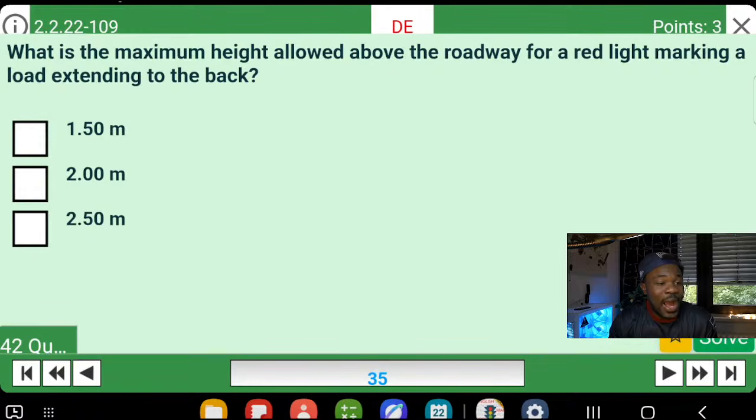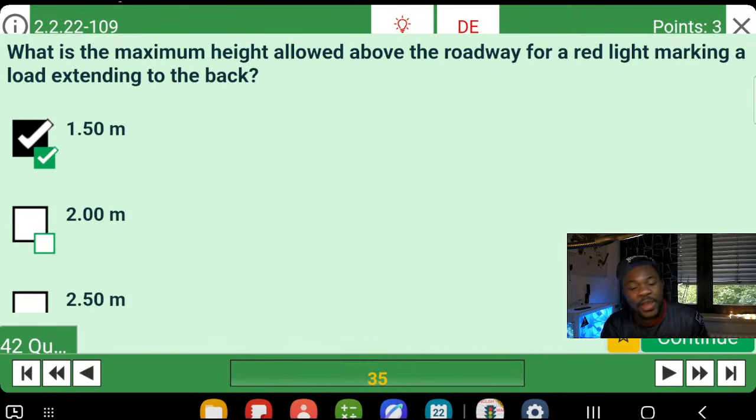What is the maximum height allowed above the road for a red light marking a load extending to the back? I talked about it before. Maybe some of you must have forgotten. We talked about the maximum a load is allowed to go in front and behind your car. And I'm talking about to the back now. 1.5 meters.